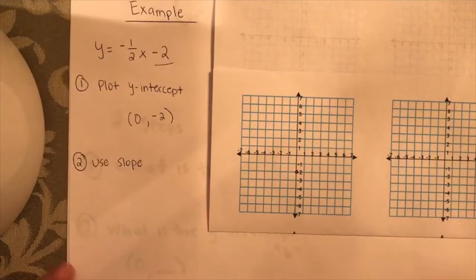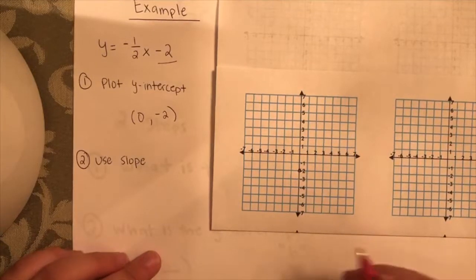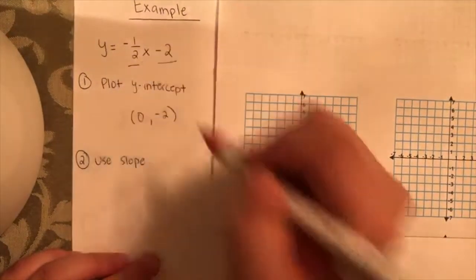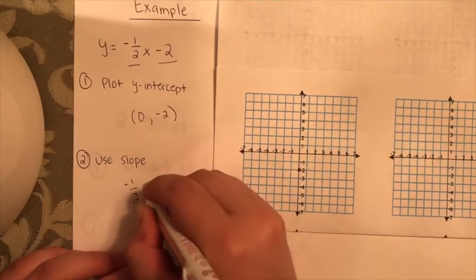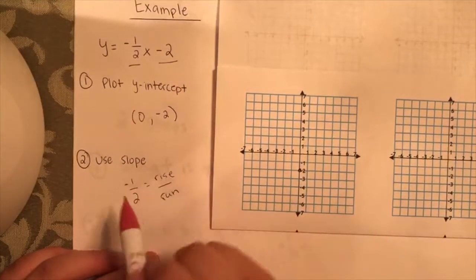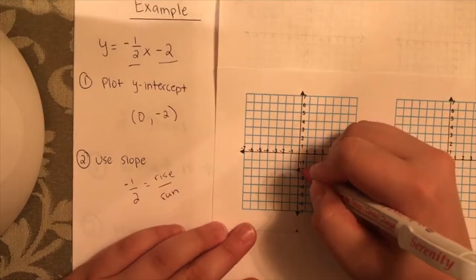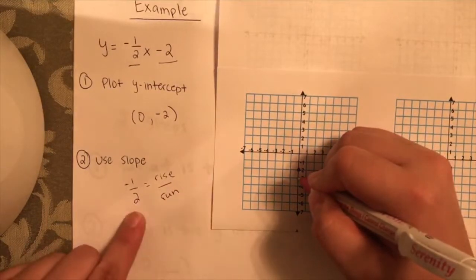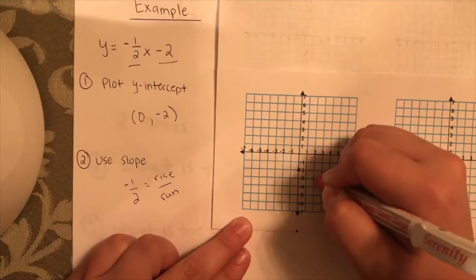There's our starting point. And the second step is to use the slope. What's the slope? Slope is the m, right? mx plus b. So slope is negative 1 over 2. Rise over run. We have to be careful because it's a negative 1. So instead of going up, we're going down. So negative 1, go down 1, and then we go over 2. 1, 2.